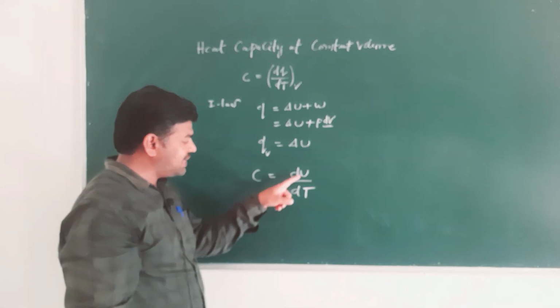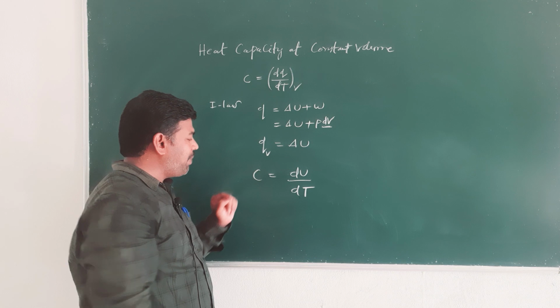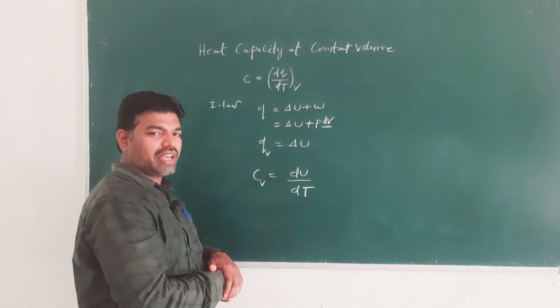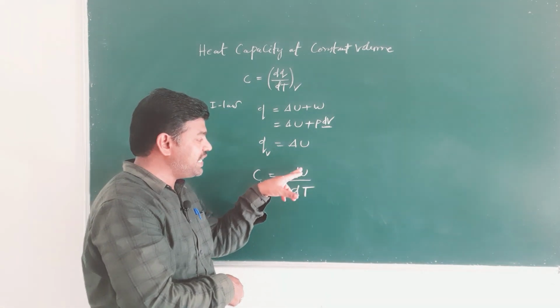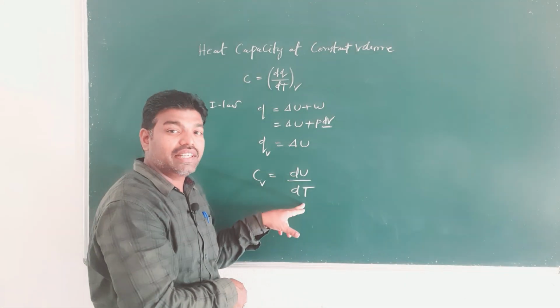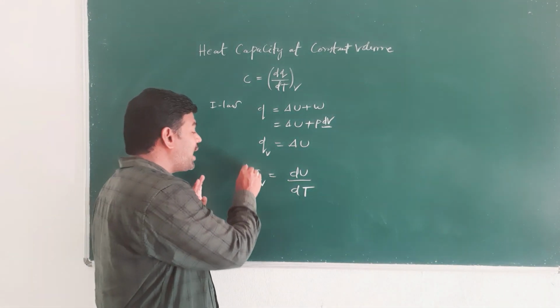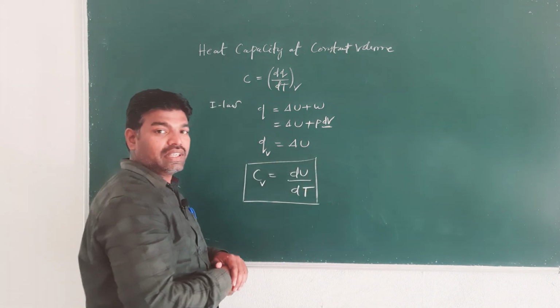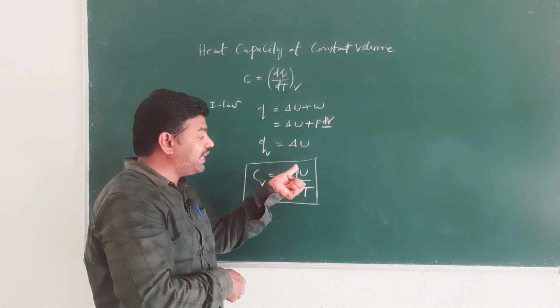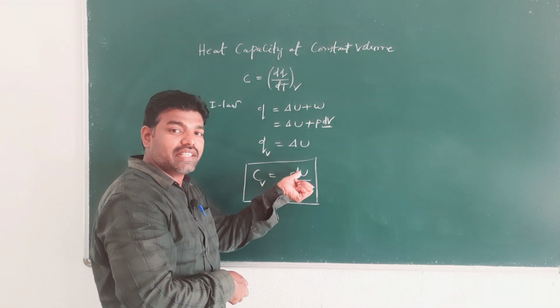This indicates heat capacity at constant volume. Heat capacity at constant volume is defined as the rate of increase in internal energy of the system with temperature.